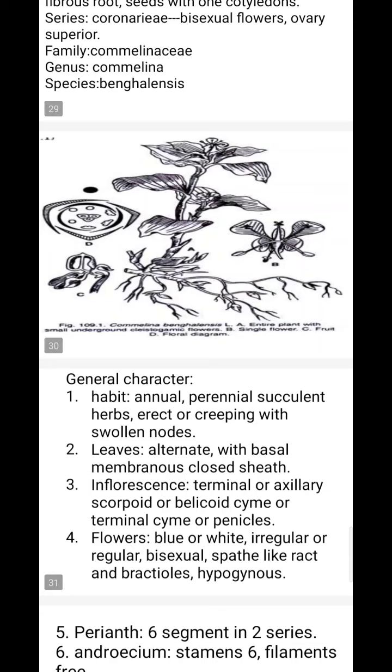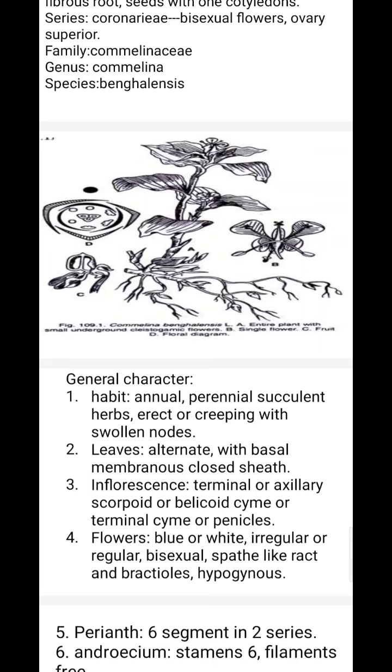So this is the classification of Commelinaceae. Next is the diagrammatic representation of this Commelina bengalensis. These are the entire plant with small underground herbs. This is herbaceous. You have to see the flower at the tip bud of this apex.